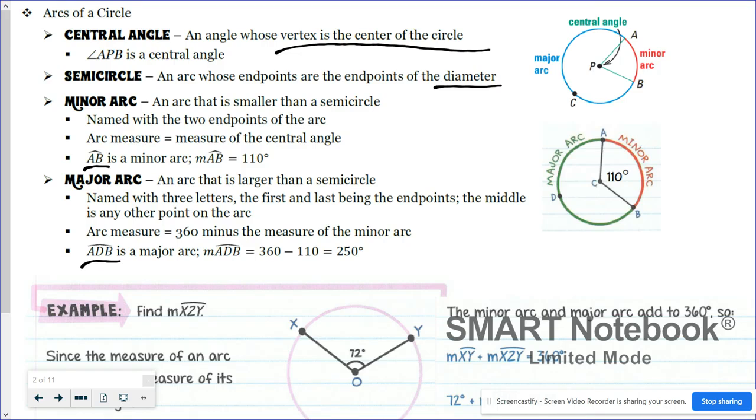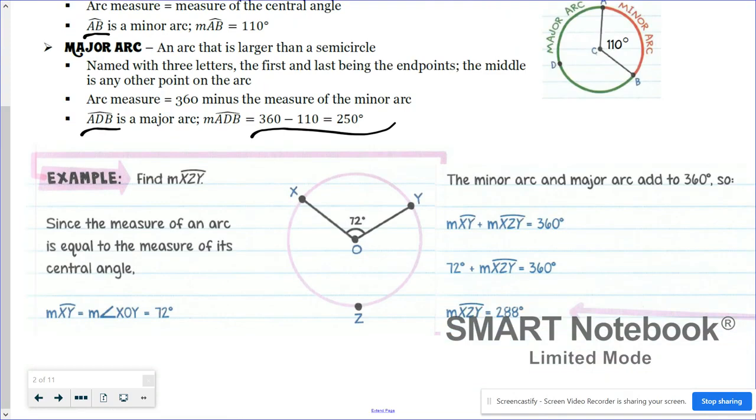We can find the measure of that major arc by simply going 360 minus the minor arc associated with it to get 250 degrees. Here's another example of how they come up with the measure of a major arc.